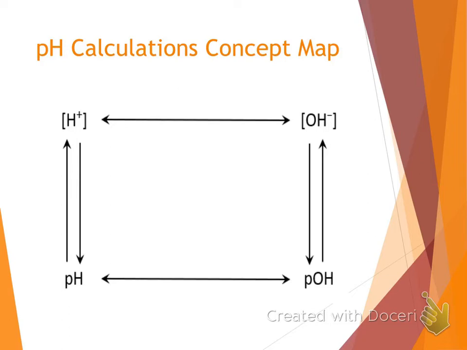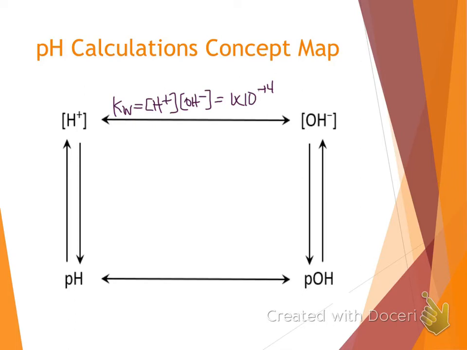So we do need to be able to convert or find one of these missing pieces or all of the missing pieces given 1 and using the equations that we know. So first off, looking from H plus to OH minus, that's our Kw expression. Using our Kw expression, we can find one of those missing concentrations given the other because we know Kw is always equal to 1 times 10 to the negative 14th power.